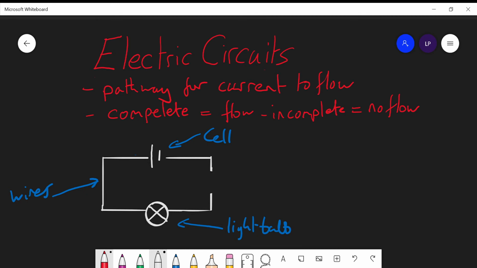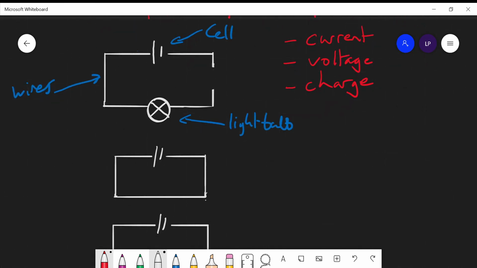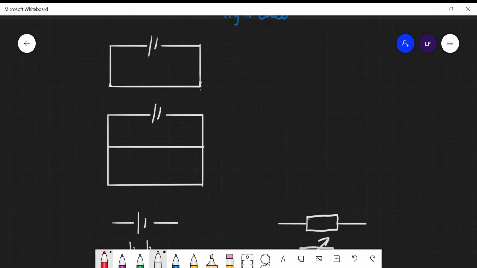So the important things involved with this diagram and circuits in general is current, voltage, and charge. These will be discussed in a different lesson. There are two types of circuits.